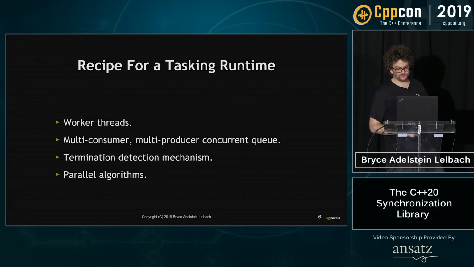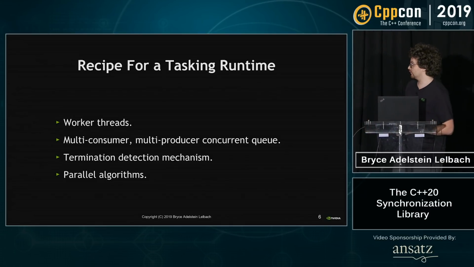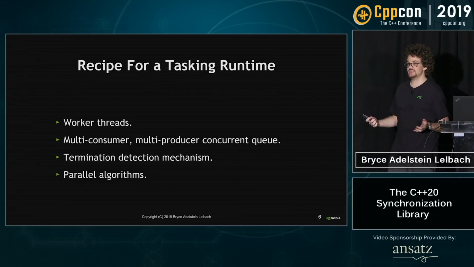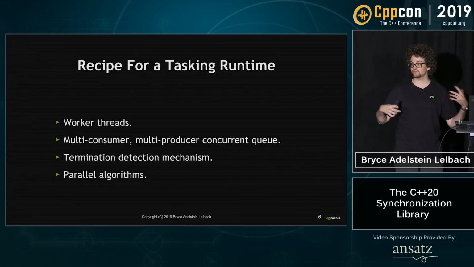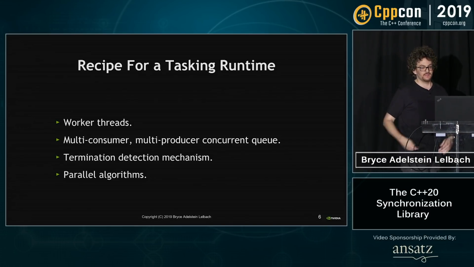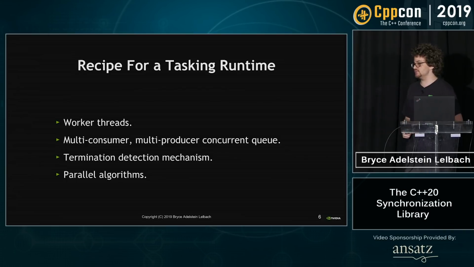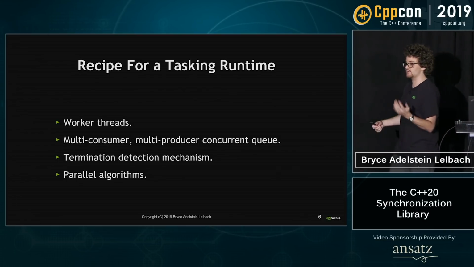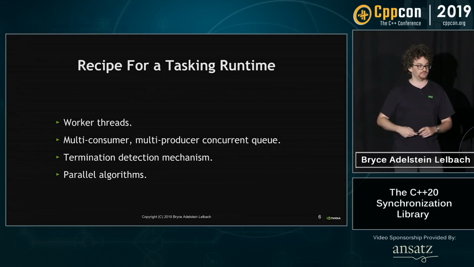So there's four key elements that we need for a tasking runtime. First of all, we need some set of worker threads that are going to actually execute the tasks. So we need some execution resources that are going to actually run the work. Then we need some sort of queue where we're going to put the work in, and then the worker threads will take work out of that queue and execute it.